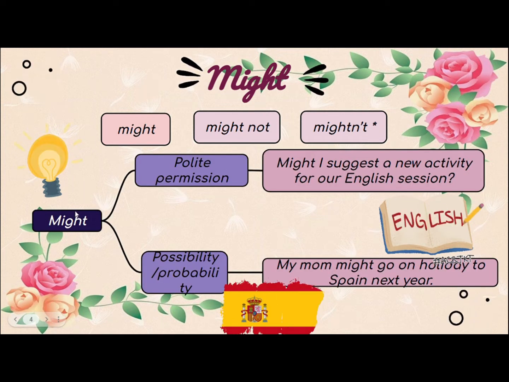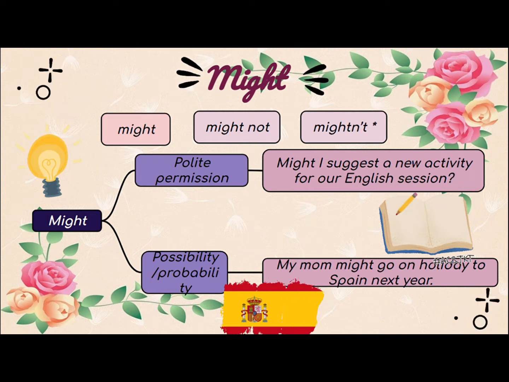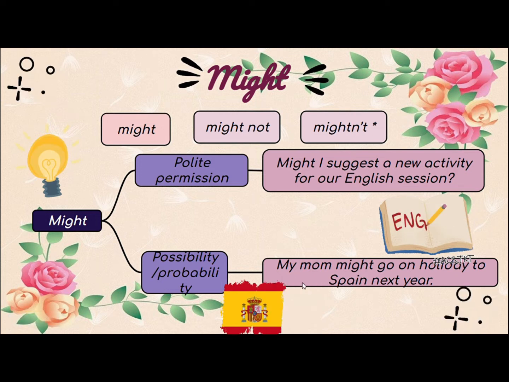We use might to express a polite permission. For example, might I suggest a new activity for our English session? We can also use this to express a possibility or probability. For example, my mom might go on holiday to Spain next year.